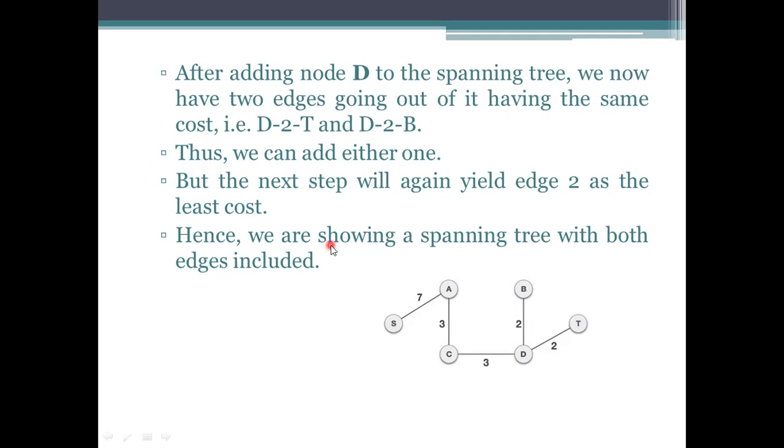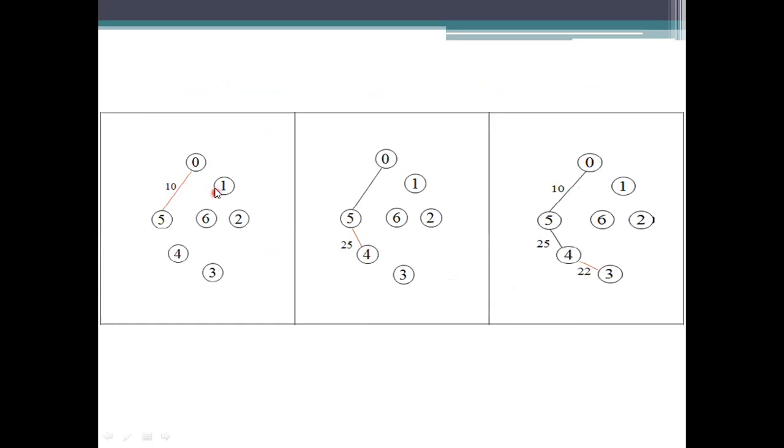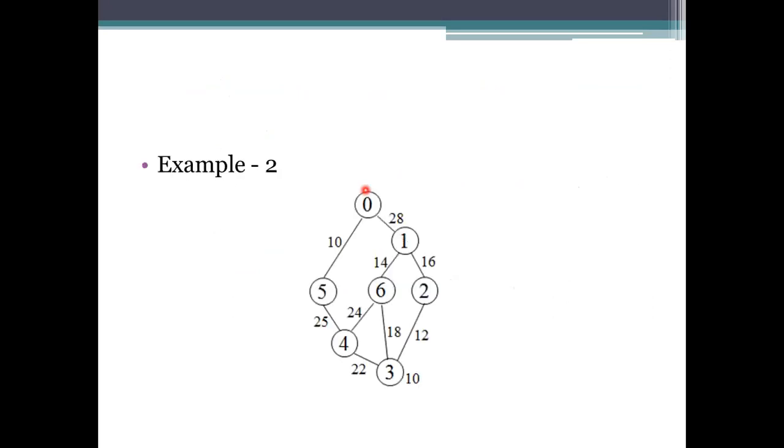So this example has 6 nodes with edges like that. And consider this, we are starting from 0. So 0 has the edges 10 and 28. Among these, 10 is the least one. So it will connect to the 5th one.